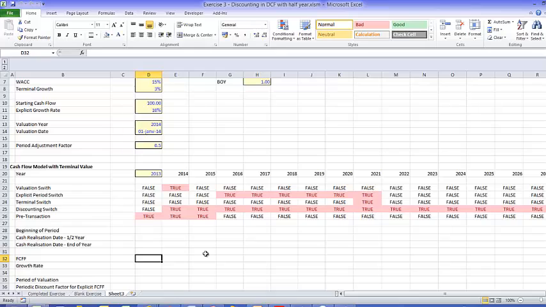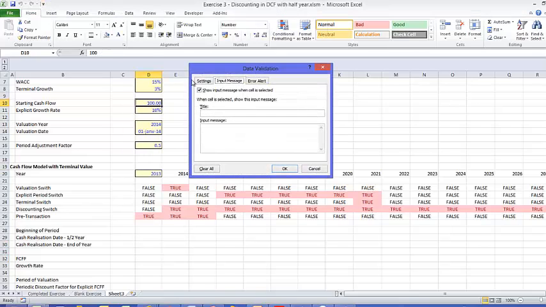Our free cash flow, what we want to do is take our 100 of starting cash flow. So our cash flow begins in the transaction period.